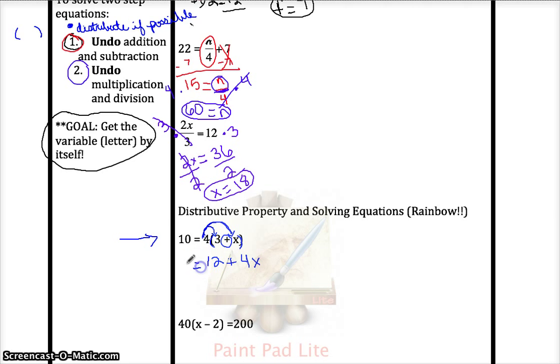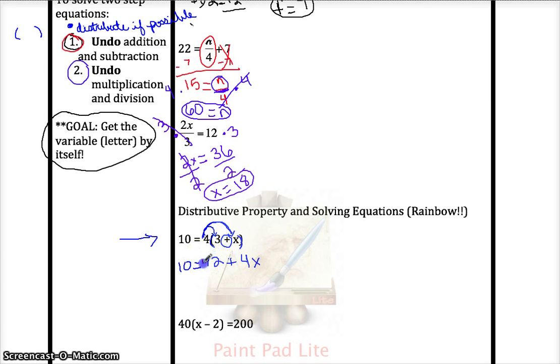Nothing changes with that. All right, so now that it's in this form, can you solve it just like these ones? Yeah, we're just going to move on to the red step, which is undoing the addition and subtraction. Where's addition and subtraction here? Well, here's a 12 and here's a 4 times an x. So I need to get this 12 to go away.